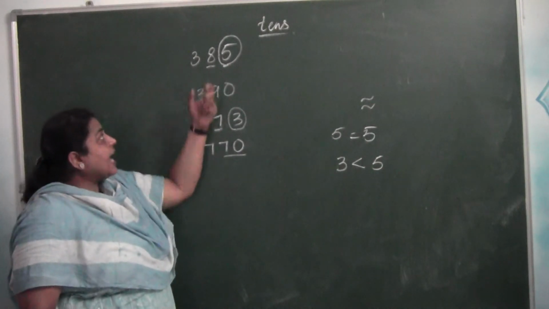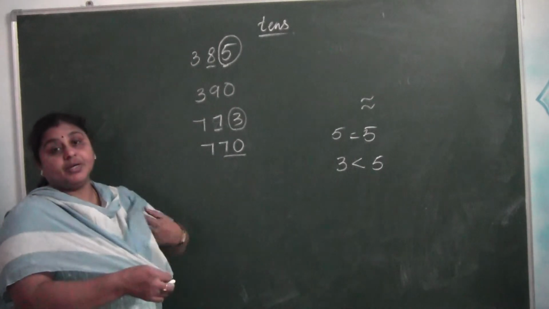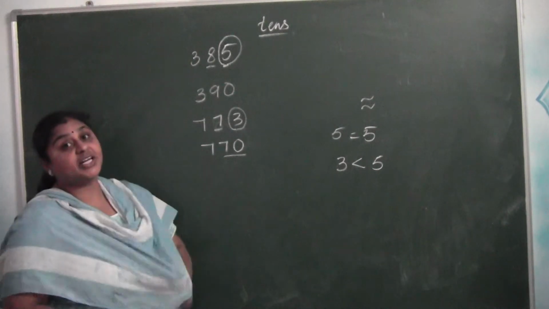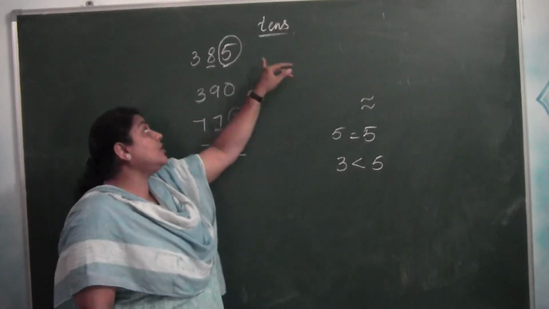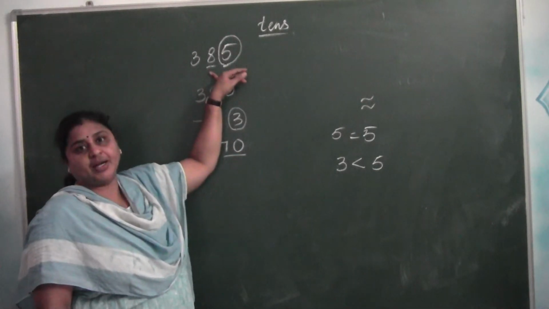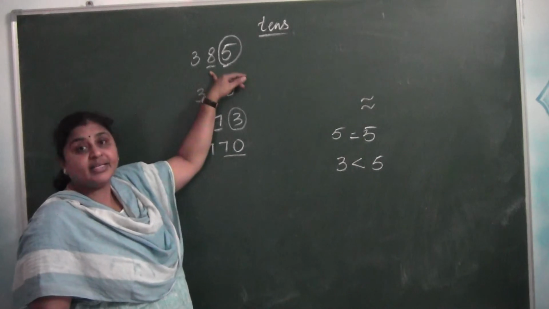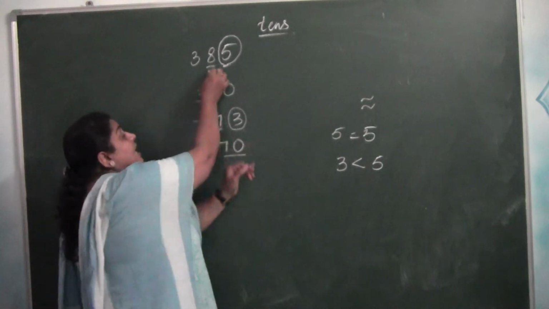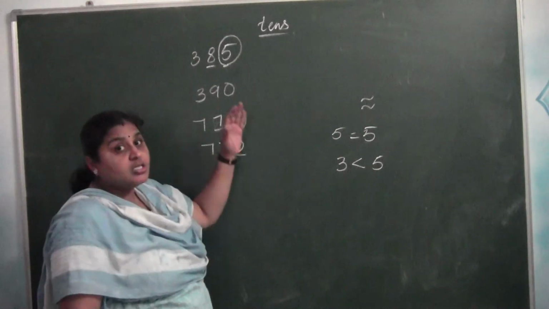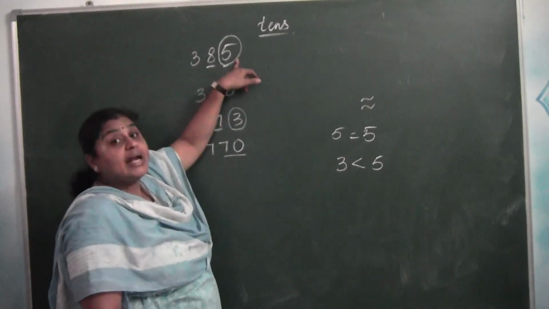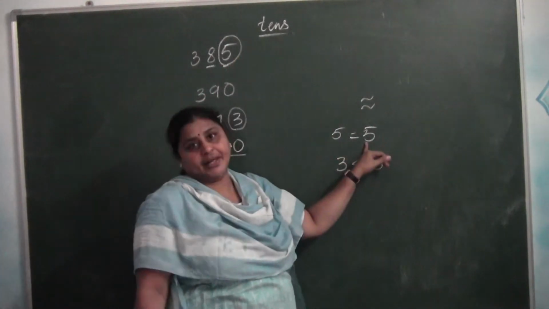So if I have to round off to its nearest number, let us underline. I have said you number to be rounded off to tens. So let us take the number in the tens place value. Let us underline that. And the next number you have to circle it, because you have to compare the next number with the 5.